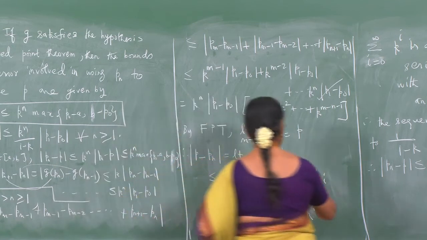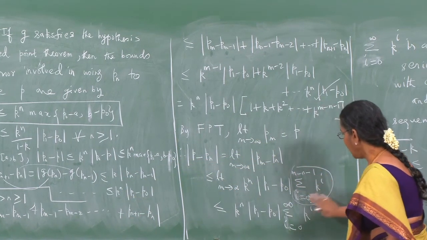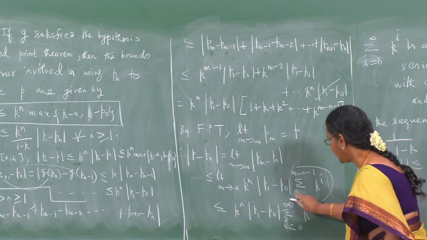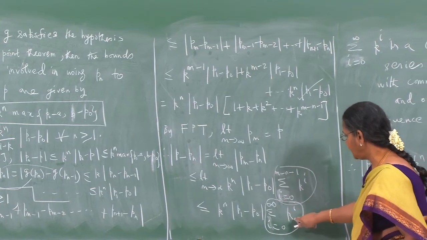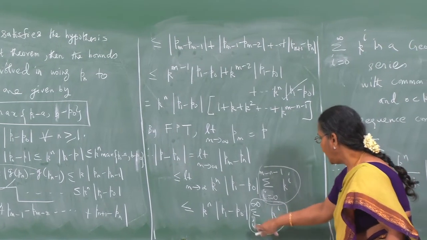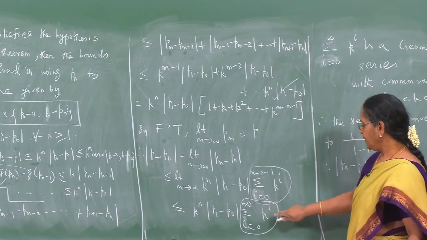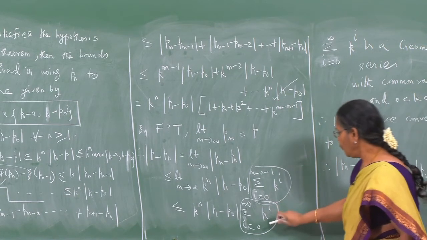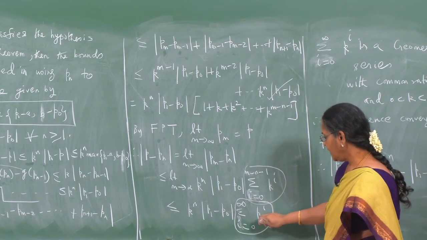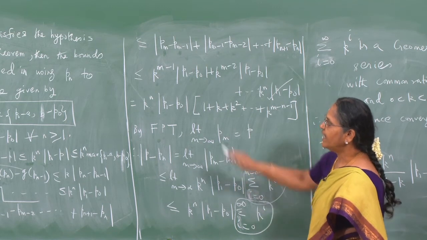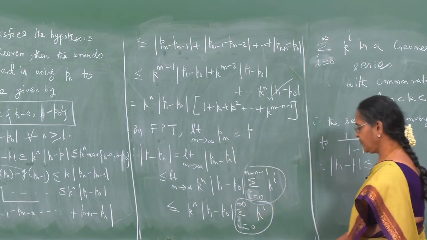But this series has a finite number of terms. So, the sum of this series is less than the sum to infinity of the series, sigma i equals 0 to infinity of k^i. Now, what do you know about k^i? k is such that k is less than 1 and k is positive.